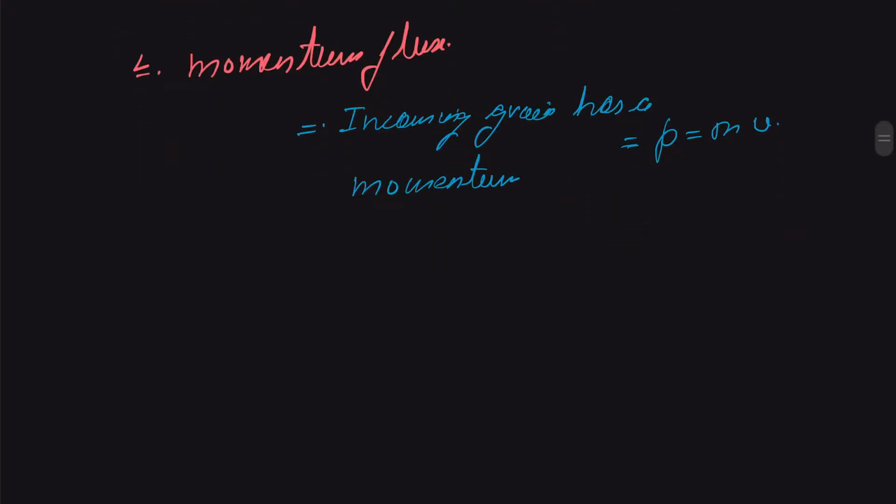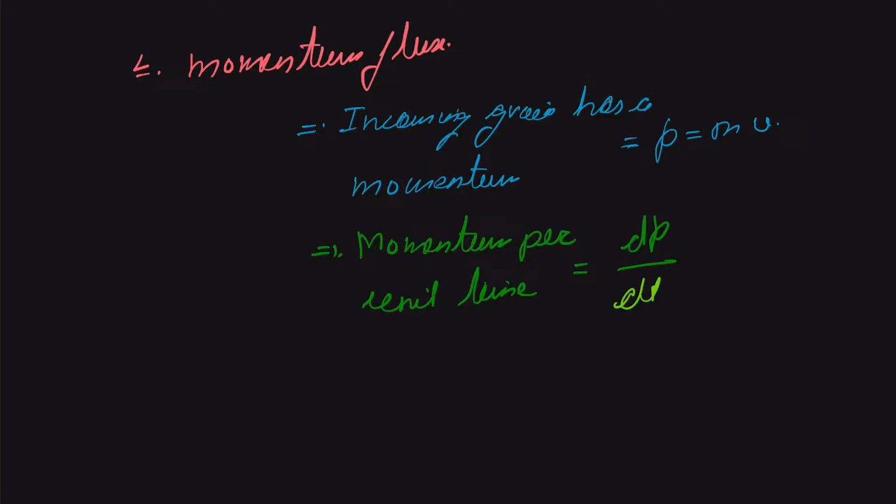From here we can easily calculate the momentum per unit time, which is our dp by dt, and that will be equal to R times v.